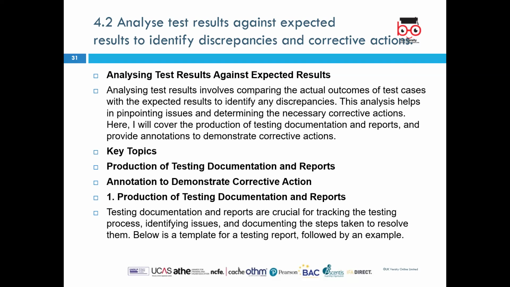When it comes to testing, again, we look into our system development life cycle, where we also need an analysis phase, analyzing test results against any expected results. This involves comparing the actual outcome of the test case with our expected results to identify any discrepancies compared to what we were expecting to achieve.